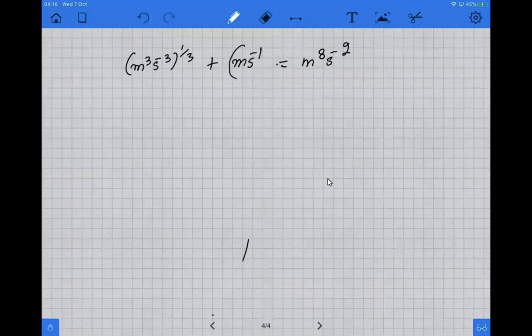So on the left hand side the two terms are same, meter second minus 1 plus meter second minus 1, but on the right hand side the unit is different, meter power 8 second minus 2.